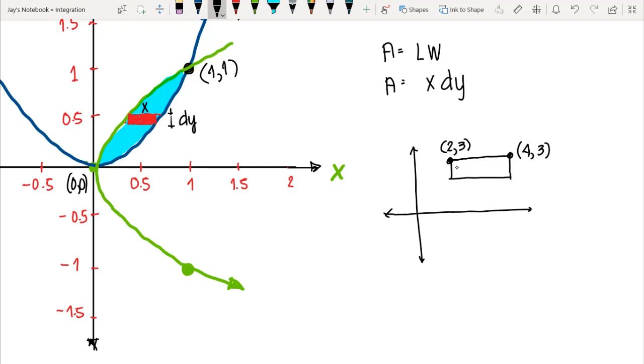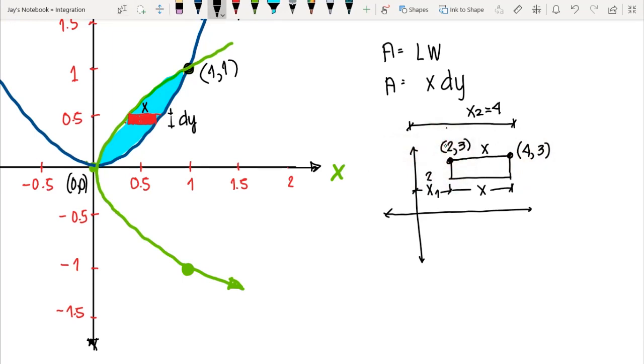We can compute the length x of this rectangular strip by subtracting: let's say this one is x sub 2 and this one is x sub 1. x sub 2 is the distance from the y-axis to this point, and the x coordinate at this point is 4, so x2 is 4. At the other point, the x coordinate, the distance from the y-axis, is 2.